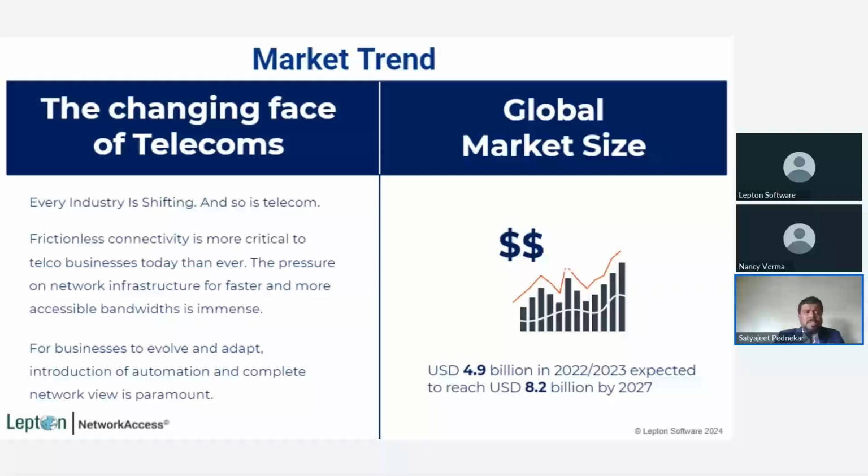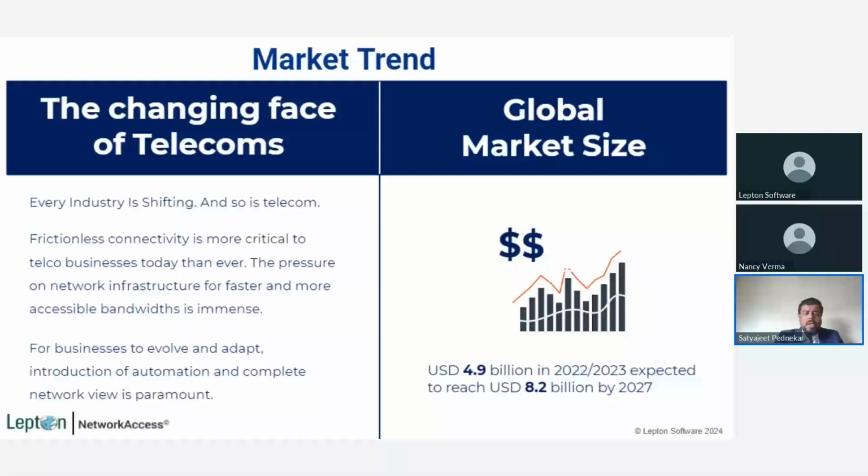To make the business impactful, we need automated, digital or unified tools to give you a view of the network in a unified way. The global market size in 22-23 is almost $4.9 billion US, which is going to almost double in the next 4 years. You can imagine how the telecom market is increasing exponentially, and when it is increasing exponentially, we need fiber to play the major role. How and why, I'll explain in the next slide.